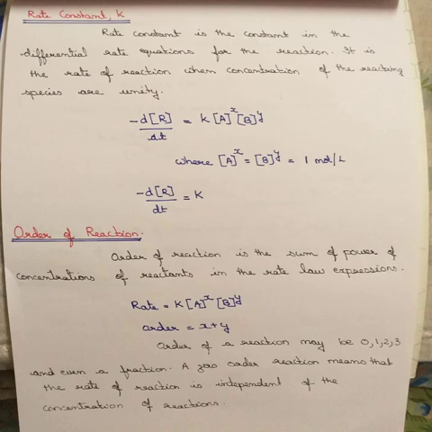So, the n value is 0. The unit changes to mol L^-1 s^-1. So, for a zero order reaction, the unit of rate constant is mol L^-1 s^-1.